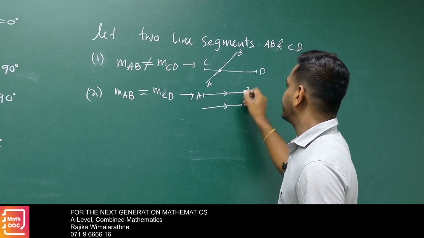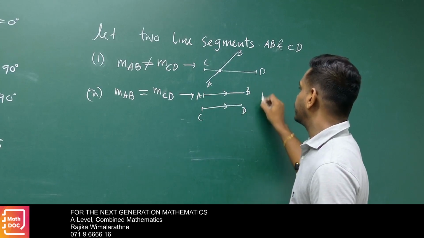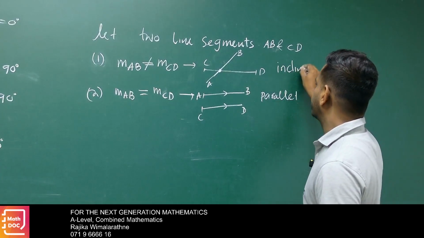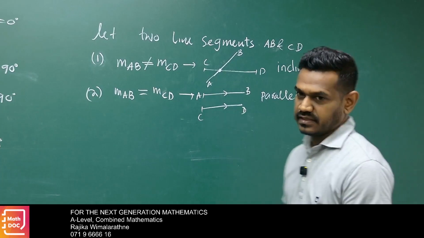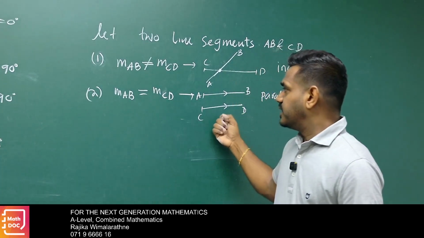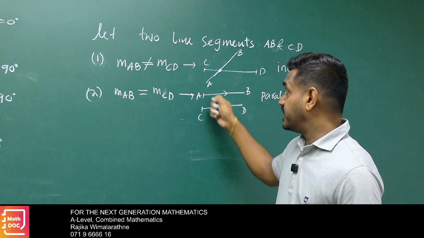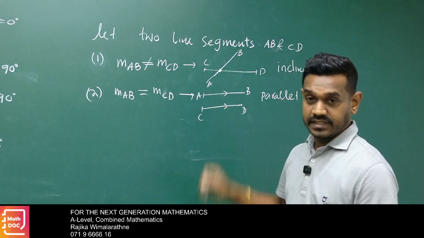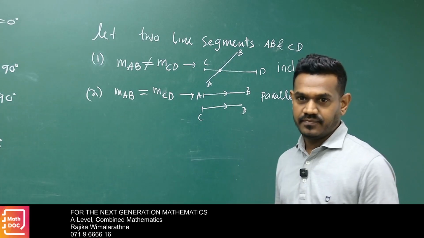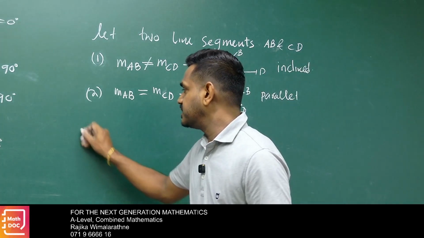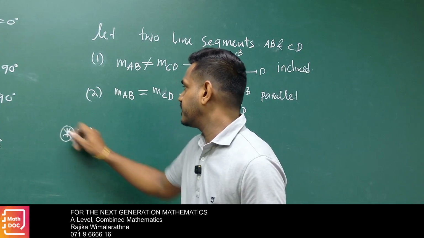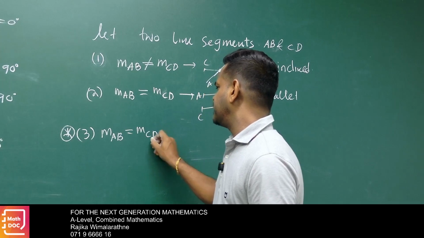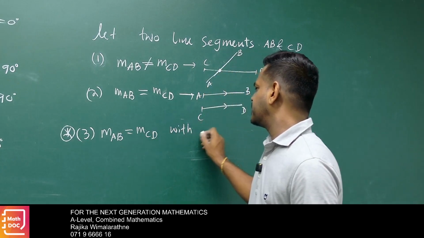Here AB, CD, parallel, inclined. Sometimes these two can be coincident, but usually we say parallel. Now third, this is important. MAB equals MCD with a common point.